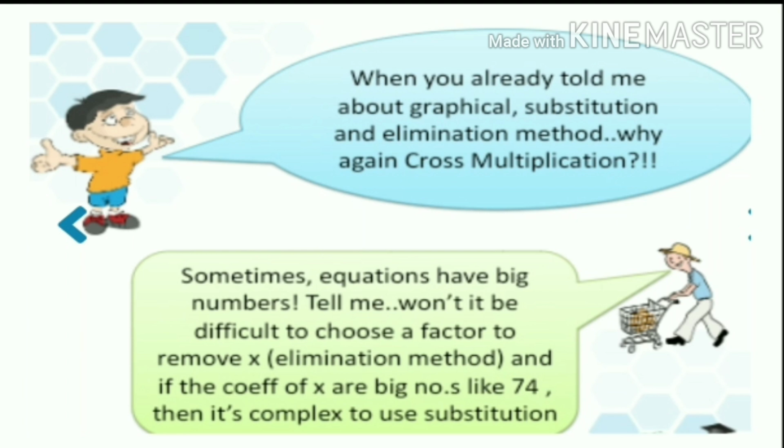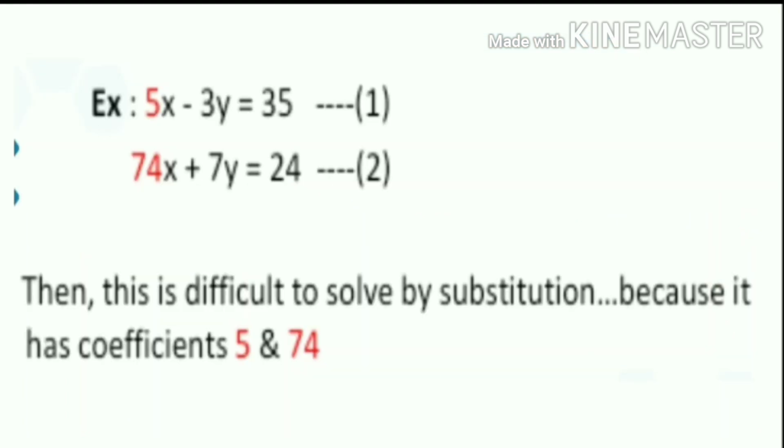Let's see an example of why we are going to learn the cross multiplication method. Suppose the example is 5x minus 3y is equal to 35 and 7x plus 7y is equal to 24. If we want to cancel x here, what will we do? We need to multiply the first equation by 74 and the second equation by 5.